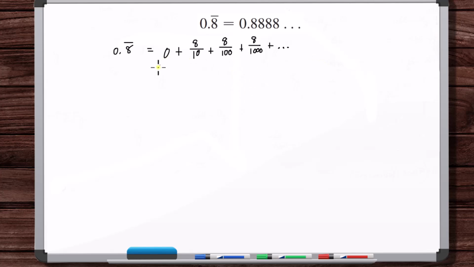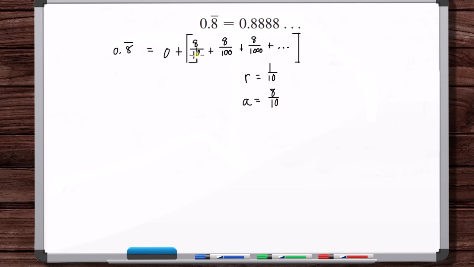If we ignore the 0 here and focus on this, we're multiplying each term by 1/10, starting with a equal to 8/10.